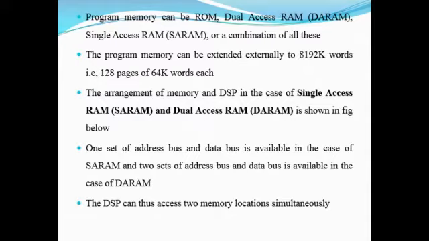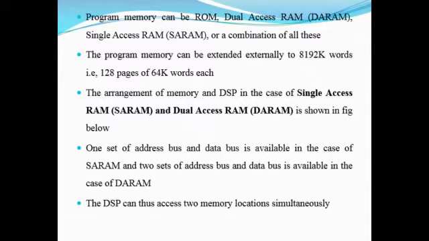So program memory can be a ROM, read-only memory. Then dual access RAM is used separately along with the ROM. Along with that we are going to use a single access RAM, or it may be a combination of all this. So the program memory can be extended externally.